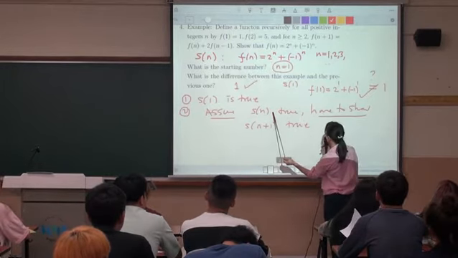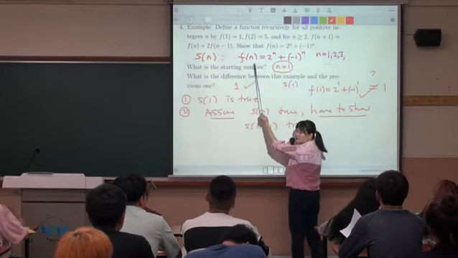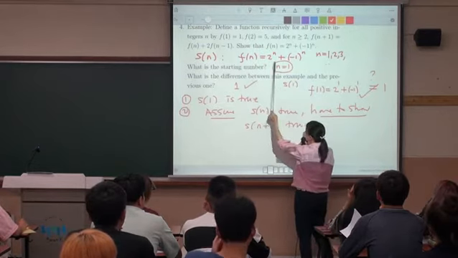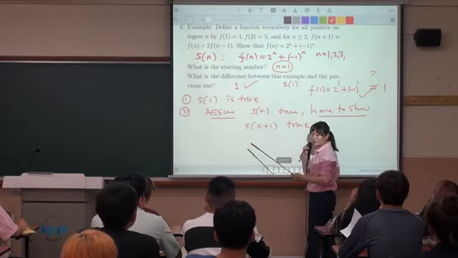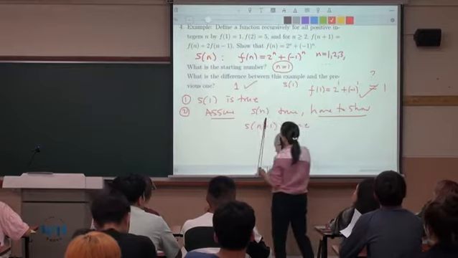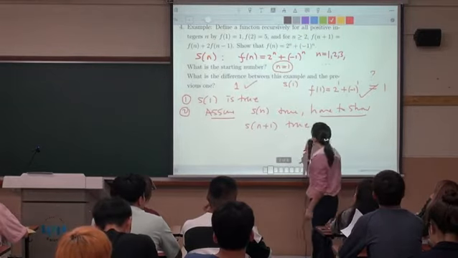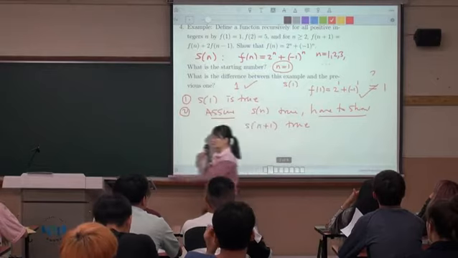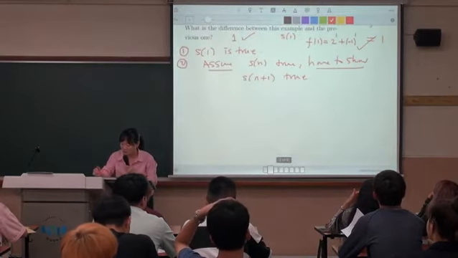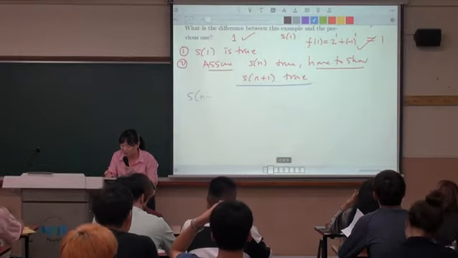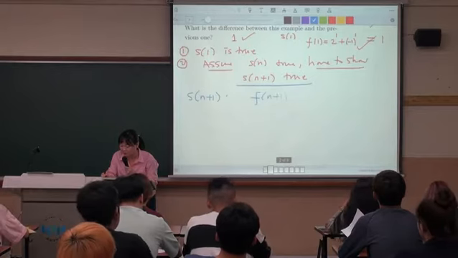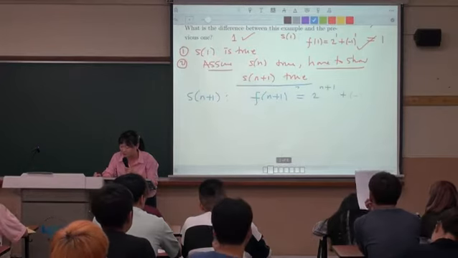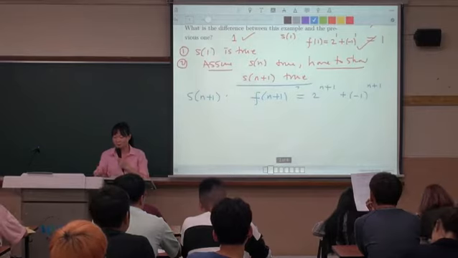Sn is true, meaning f of n is this. Then f of n plus 1 is the same thing with n plus 1 put in. So to show this, S of n plus 1 is the following: does f of n plus 1 equal 2 to the n plus 1 plus minus 1 to the n plus 1? This is what we have to show.